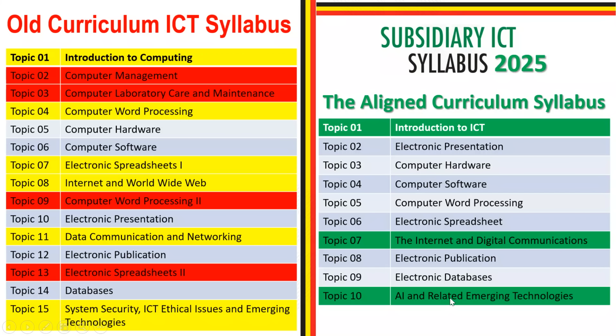AI is a new area that we are supposed to look at in detail, and then related emerging technologies, which brings some content from the previous topic 15, system security, ICT ethics, and emerging technologies. So this is the aligned curriculum with its 10 topics.